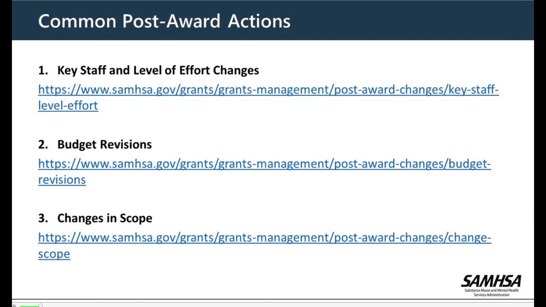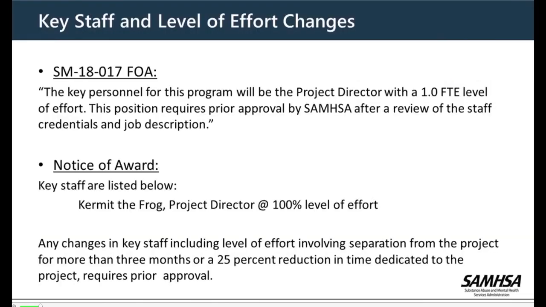And so we'll go real quick into project director changes. The project director for this Native Connections cohort is the only required position that would require prior approval from us to make a change. This would be if a new individual is being hired into that role, which would always require prior approval.